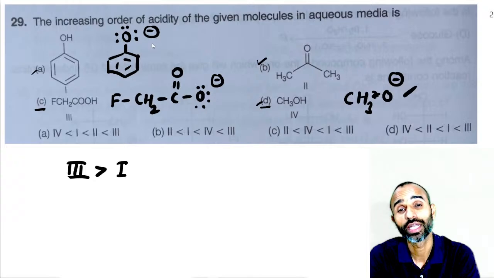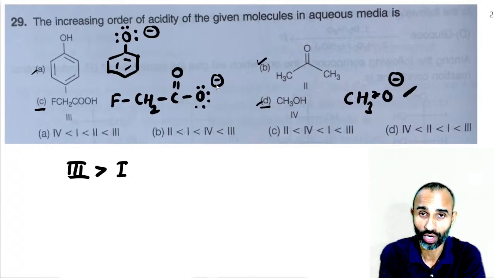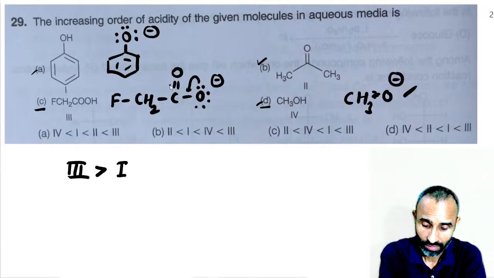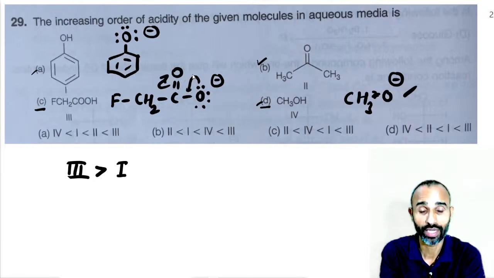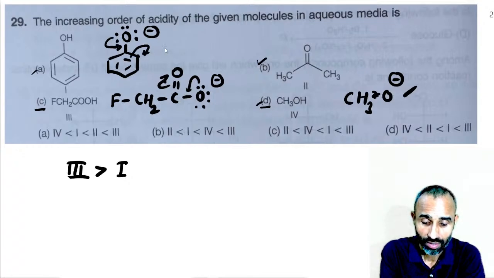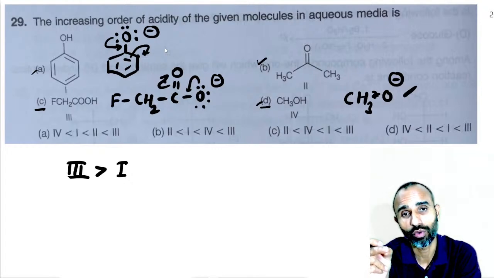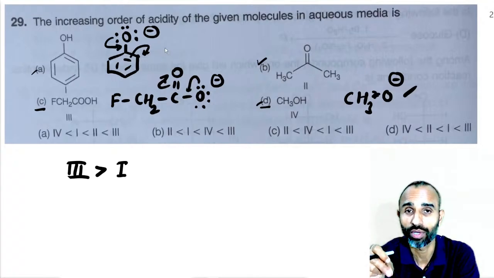Because in the carboxylate ion, the two resonance structures are equivalent. Negative charge is on the oxygen only, and when it goes like this, again the negative charge is on oxygen. But in phenoxide, the negative charge moves from the more electronegative oxygen to the less electronegative carbon.